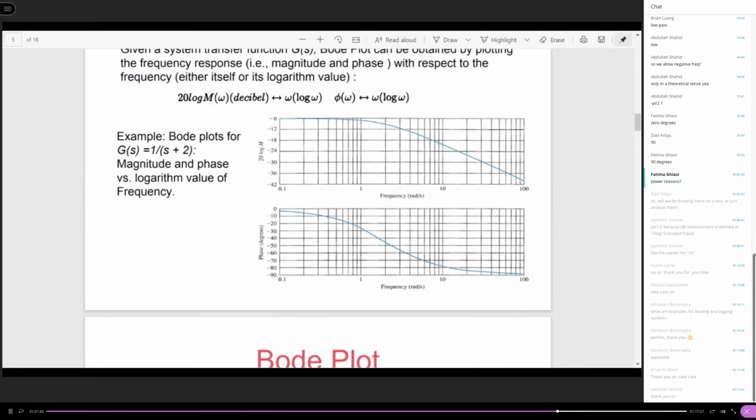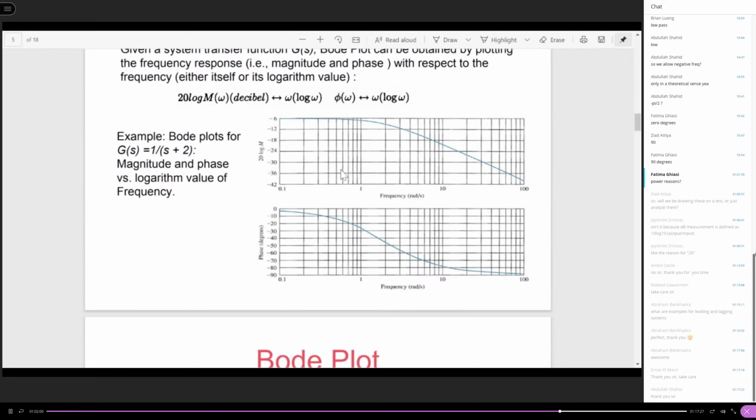Question? Power reason? No, I don't think so. Okay, then you can see that the Bode plot is very clear.